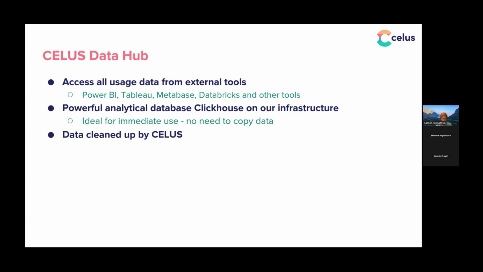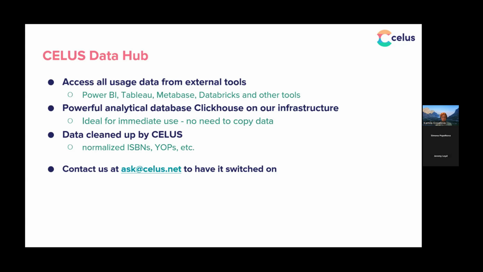The data is prepared for you, cleaned by CELUS, like you have your ISBNs normalized, year of publications are also normalized and transformed into numbers. It's all prepared to make you comfortable working with your data.